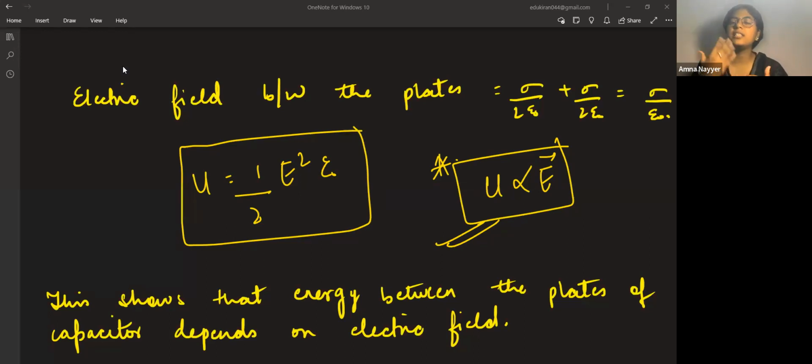So charges move from the capacitor or conductor having higher potential to the one having lesser potential, until their potentials become the same. All right. Now see, this is what is meant by sharing of capacitors.